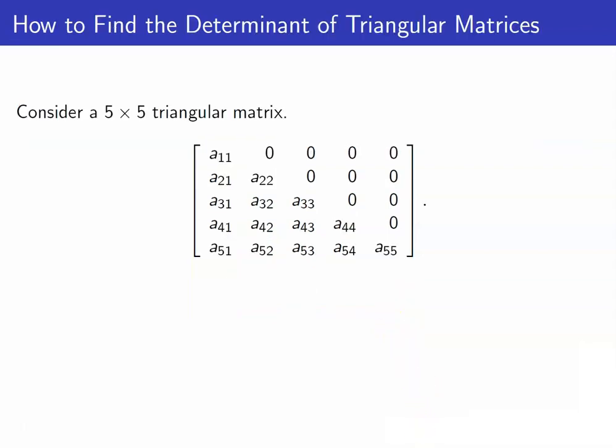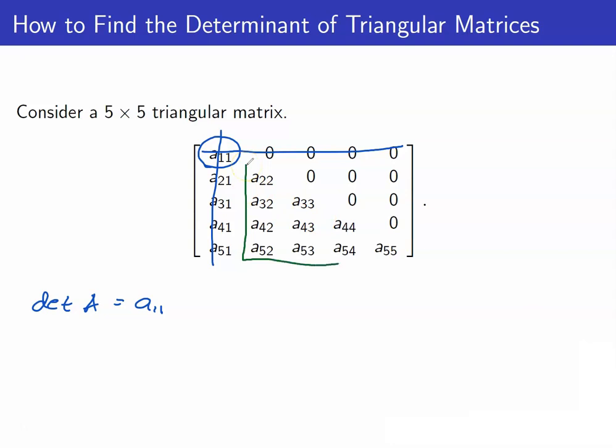We want to find the determinant of a triangular matrix. Let us just suppose that we have this 5 by 5 triangular matrix, and then you can see later on that you can generalize this for any n by n matrix. I will expand it using row 1. So if I use row 1, I would get that the determinant of this is equal to A11 times, remove this and remove this, the determinant of this matrix.